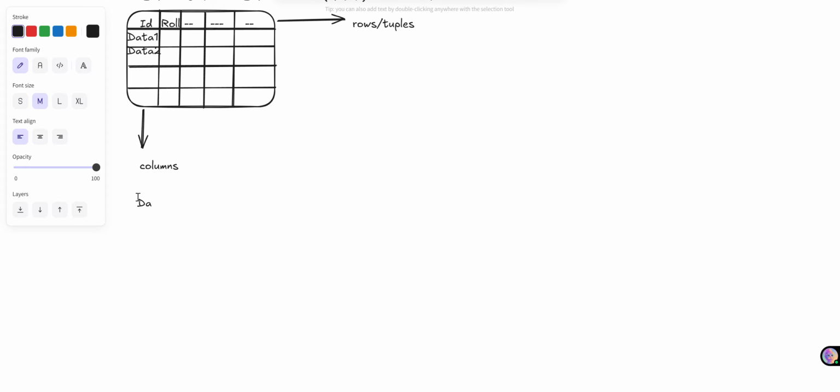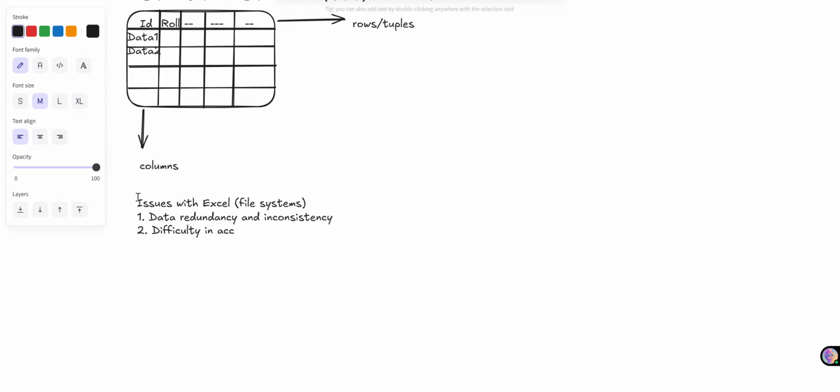So the issues with Excel or file systems are: one, data redundancy and inconsistency. Now I will explain you everything one by one.